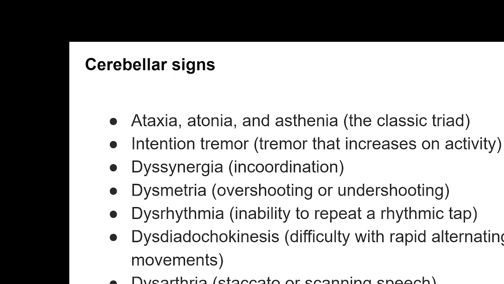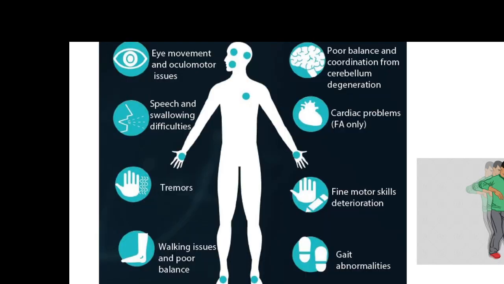Dysdiadochokinesis is a difficulty in rapid alternating movements, difficulty with rapid movements which tend to change as such. Dysarthria is speech affected. Now, these words look a bit tough, but there is nothing very difficult there. It's only that the correct interpretation of these words should be clearly understood, and they should be examined properly.